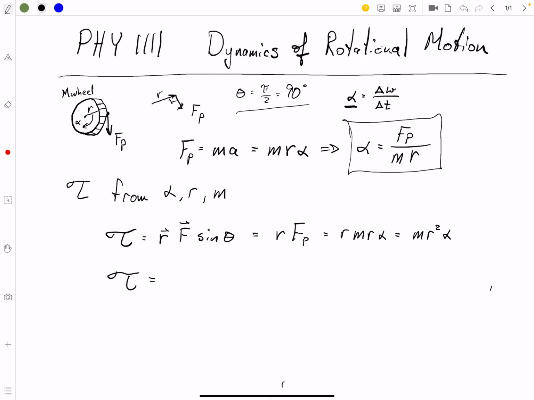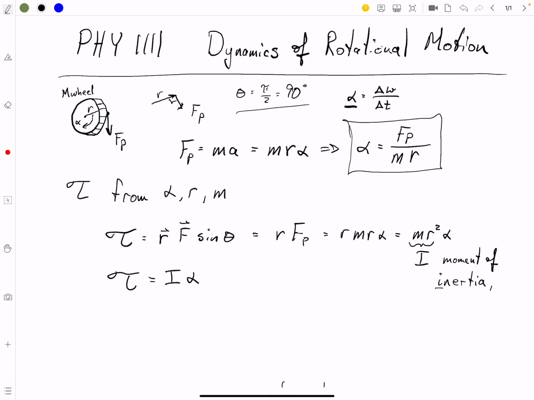And we can say that this bit right here is our moment of inertia. So we give it a capital I for the inertia bit. So the torque is equal to I alpha. And there you go.